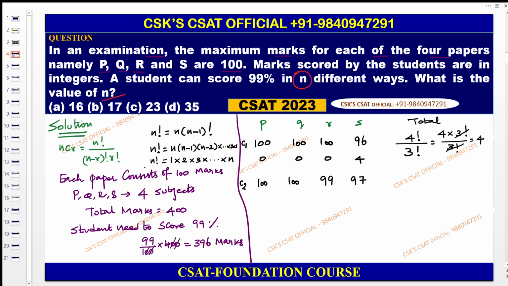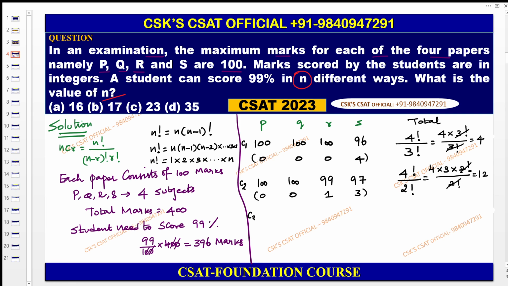So 0 marks he is losing here, 0 marks here, 1 mark here, 3 marks here. Totally 4 marks he is losing, he is getting 396. Now same here, 4 factorial ways you can arrange this, and since he got a centum in 2 subjects, there is a repetition. Therefore 2 factorial. So this can be written as 4 into 3 into 2 factorial by 2 factorial. You can cancel this, which is equal to 12.